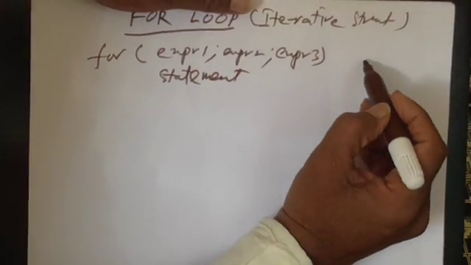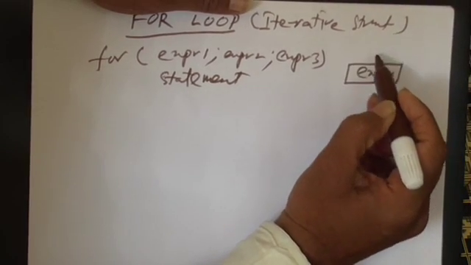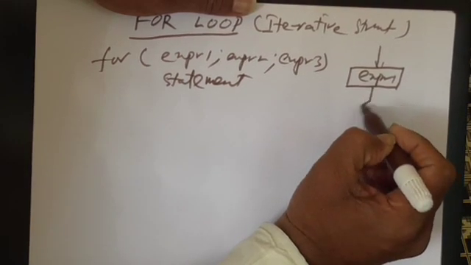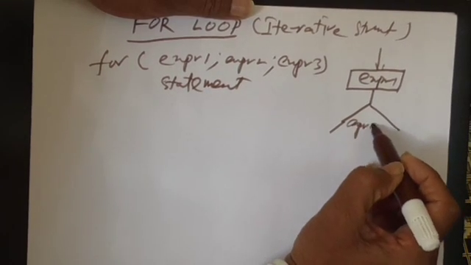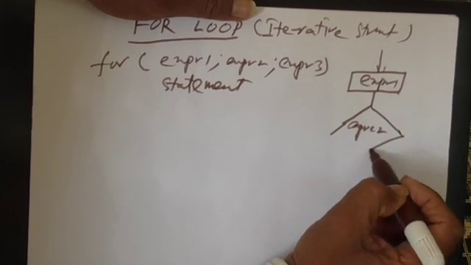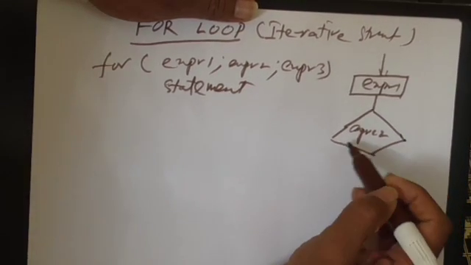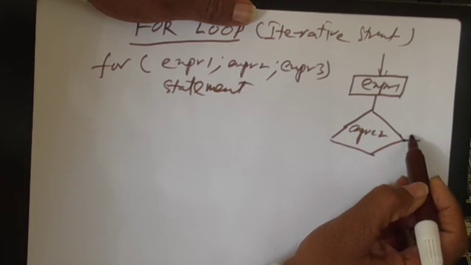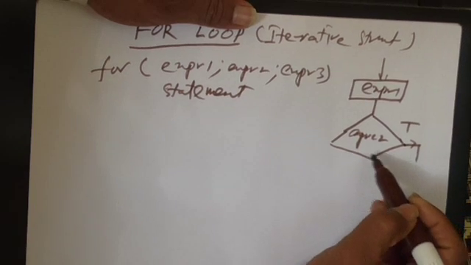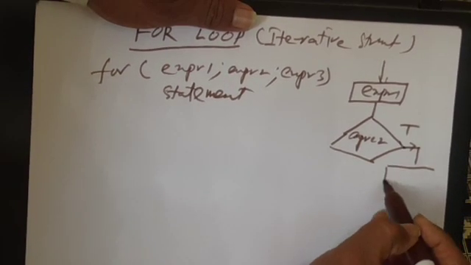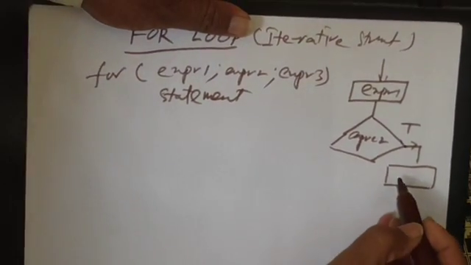So the flowchart for this is: first the expression 1 is evaluated, then expression 2, or you say the condition. If the expression 2 is correct, if it is true, then this statement is executed.